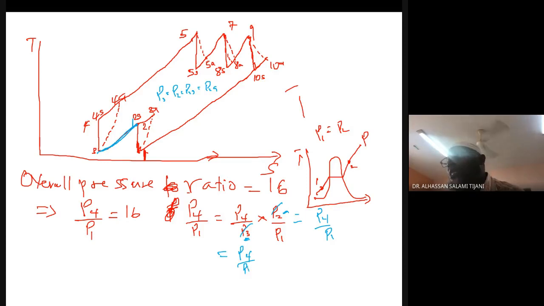You understand me? P2 divided by P1. So now, this will help us to identify the individual pressure ratios.